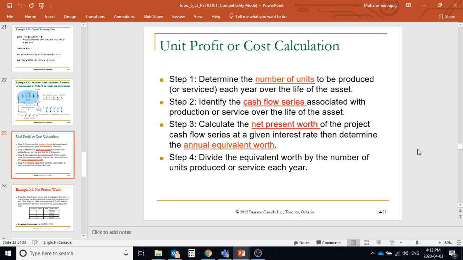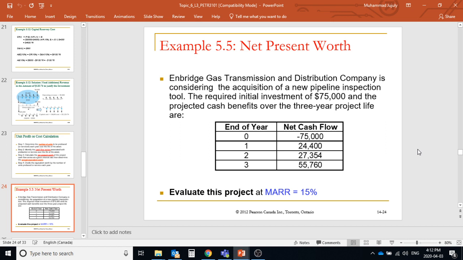For instance, Enbridge wants to buy a new pipeline inspection tool, and the initial investment would be $75,000, and the project timeline is 3 years. This is the MARR 15%. We already have seen this problem at 5.5.